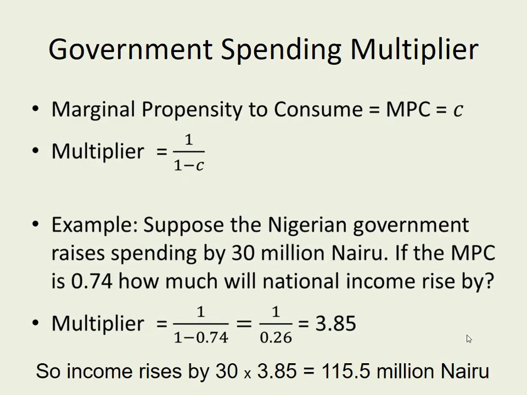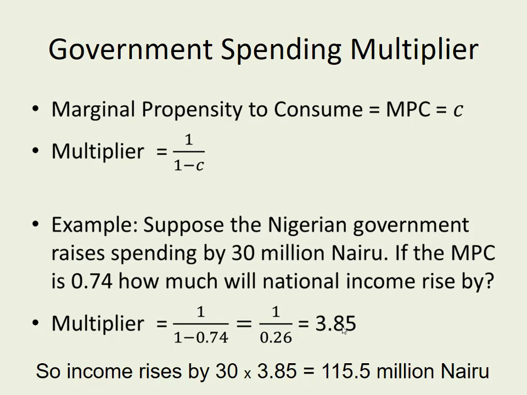So to show you a demonstration of this, another example, much quicker. Suppose the Nigerian government increases spending by 30 million naira. If the marginal propensity to consume is 0.74, how much does national income rise by in the short run? Well, the multiplier, using that formula, is 1 divided by 1 minus 0.74, which is 1 divided by 0.26, which is 3.85.